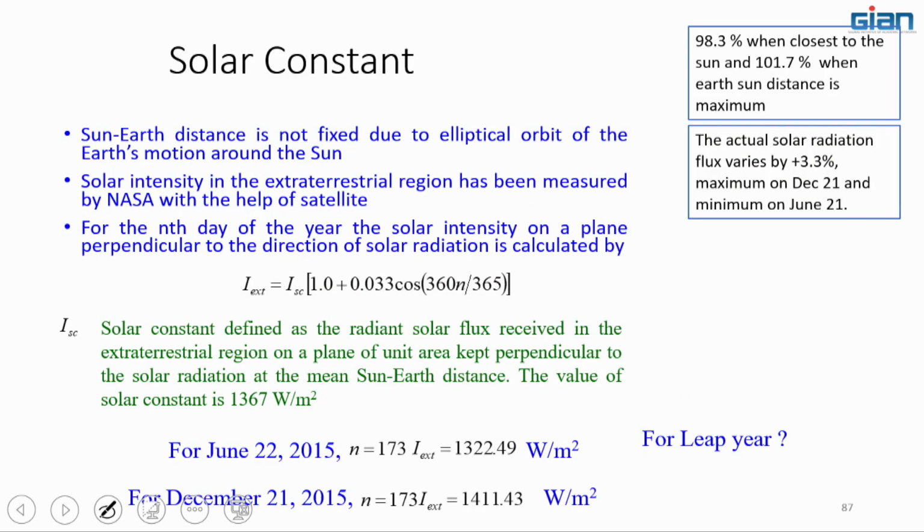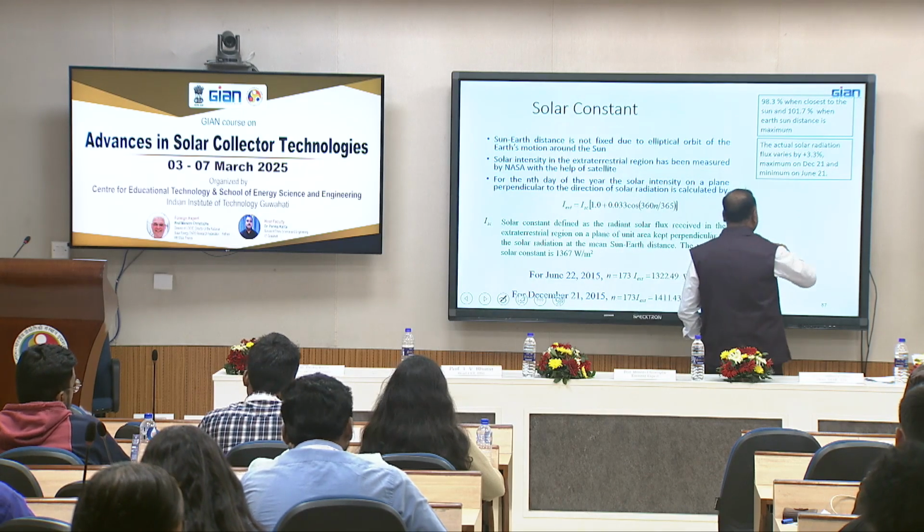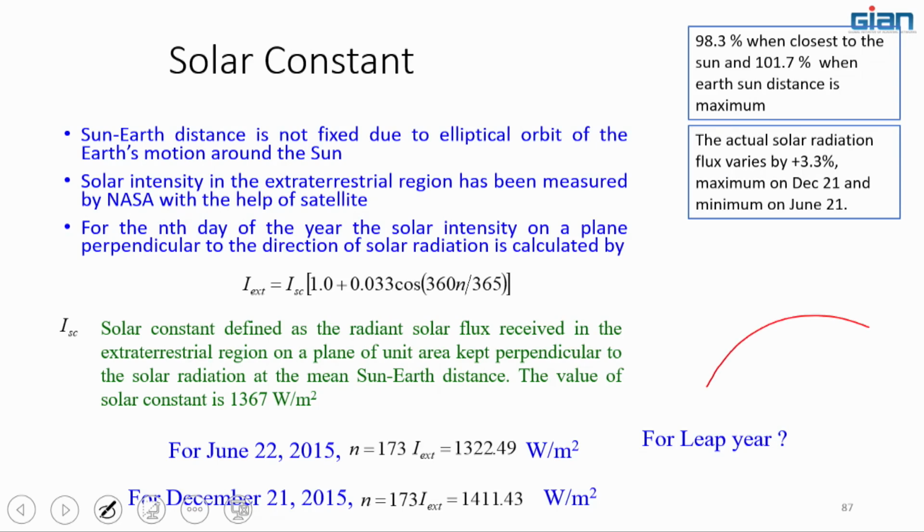So solar constant. If you are above the earth atmosphere, things are something like this. You have the earth atmosphere. Beyond the earth atmosphere is what we call the extraterrestrial region, and inside this is what we call the terrestrial region.